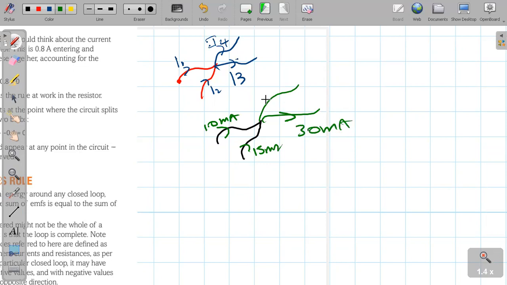What about this one, I4? How can you find out I4? 25 is coming in and 30 is going out.